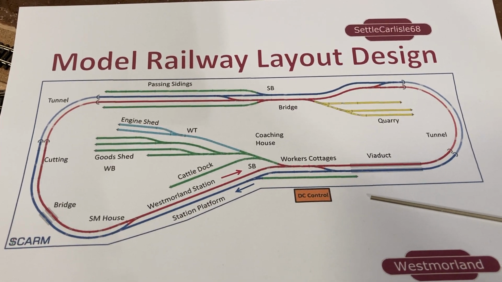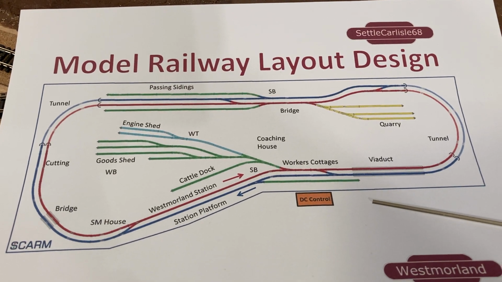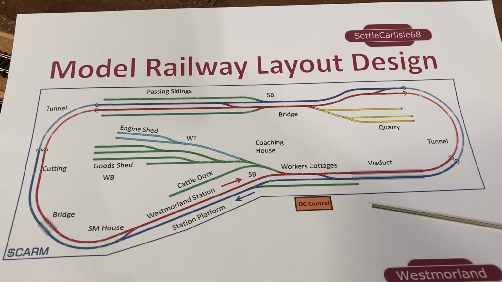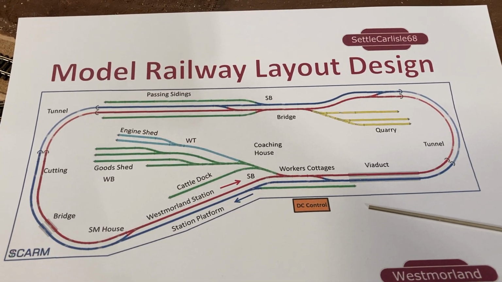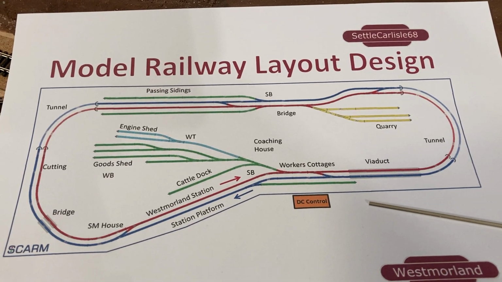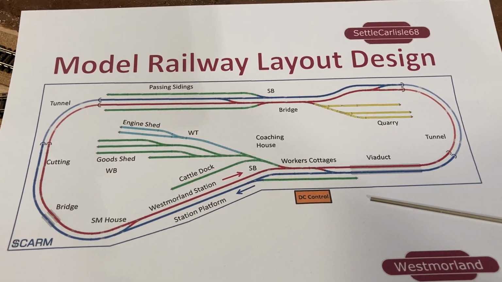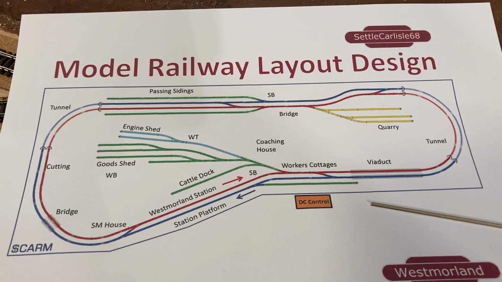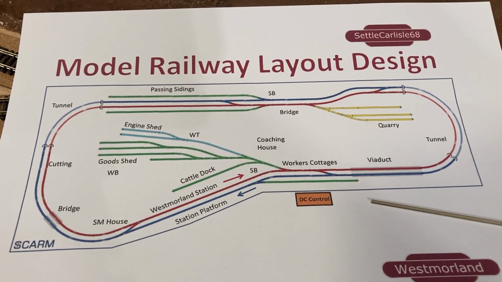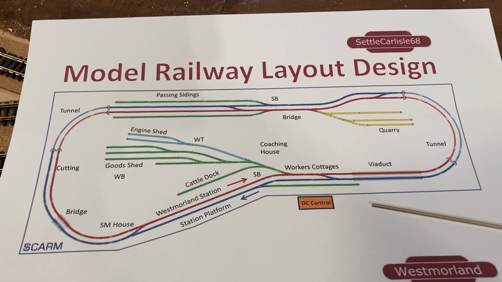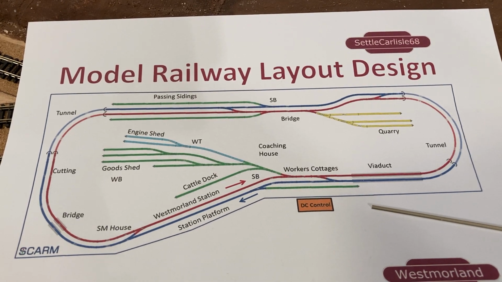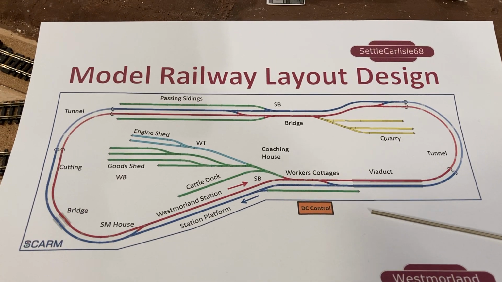So I wanted the station, goods shed, engine shed, obviously sidings. Also wanted to include some industry on there, so there was the quarry, and also a couple of tunnels and a viaduct. So all key elements of the Settle to Carlisle line.